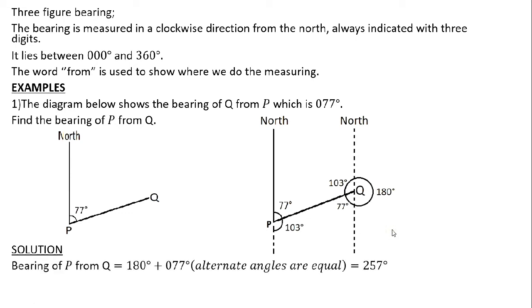So bearing of P from Q will be equal to 180 degrees, which is this straight angle, plus 77 degrees, alternate angles are equal, that 77 and that 77 are the same, which is giving us 257 degrees. Or a complete revolution, 360 degrees minus that 103 degrees will still give us 257 degrees.